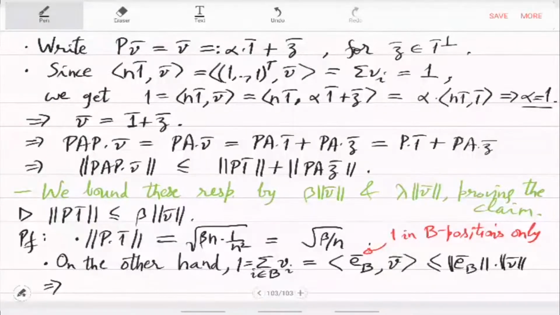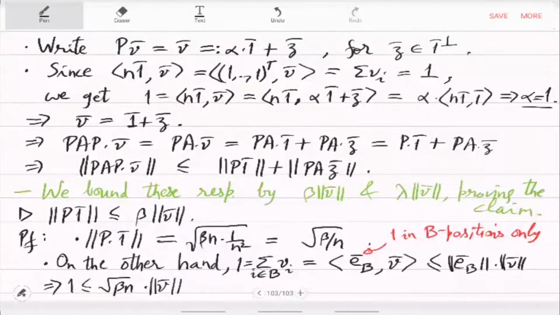So you get that 1 is less than or equal to the length of E bar B, which is square root of beta n, times the length of V bar. We don't know V bar's length, but now we have a lower bound, right? We know that V bar is at least 1 over square root of beta n.